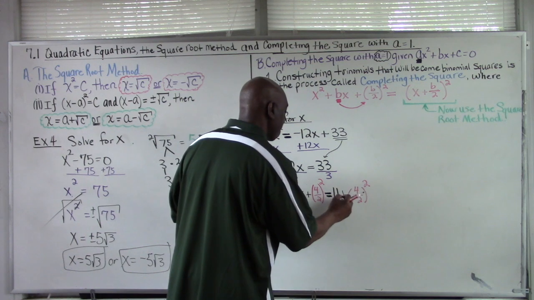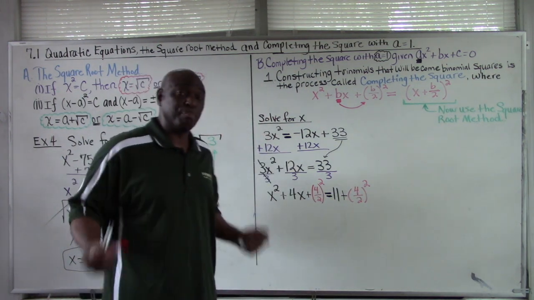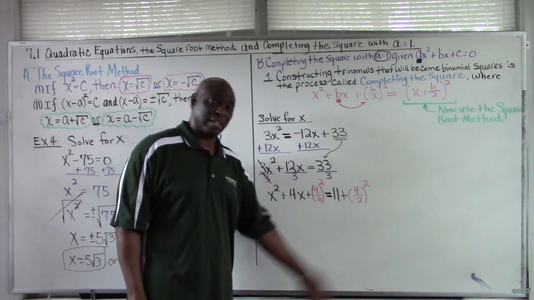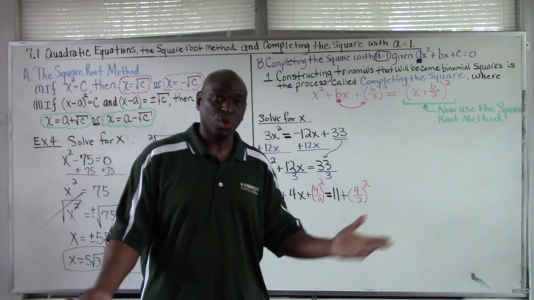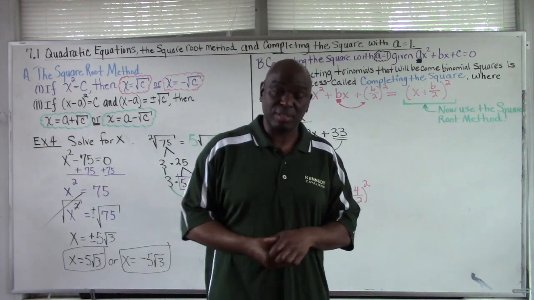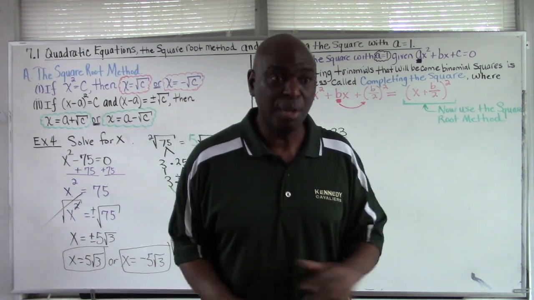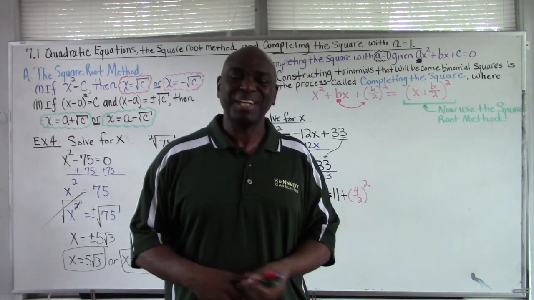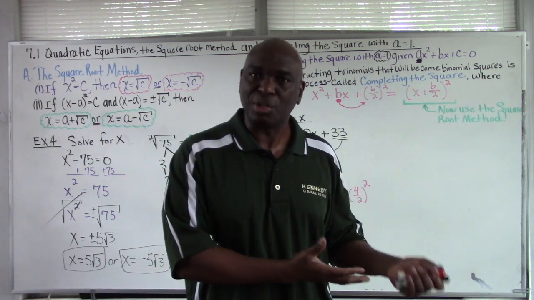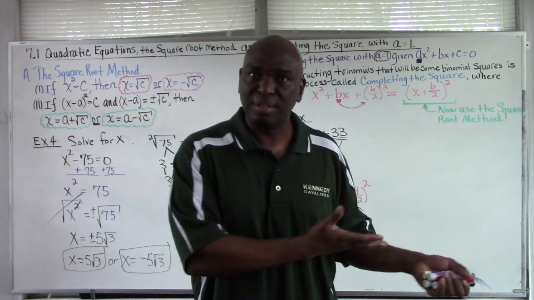Because I have to keep the equation balanced. I just can't put something on one side and not the other side. Then the equation is not balanced. What you do for one, you must do for the other. I always use this analogy because I have twin sons. As they were growing up, I couldn't buy one a truck and not buy the other one a car or a truck, another truck.